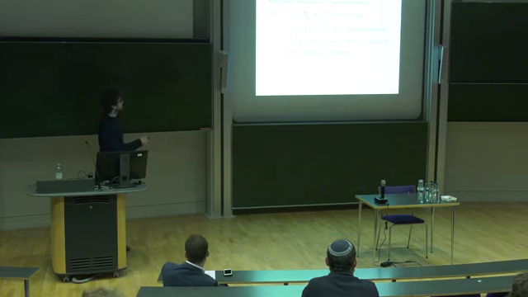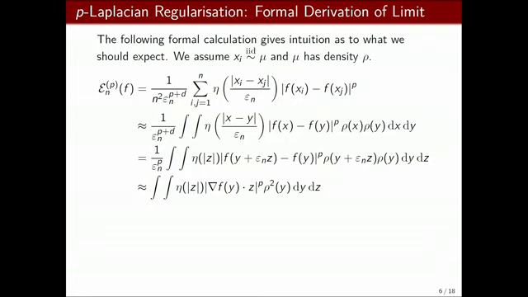So one expects that this difference divided by epsilon is going to be the derivative in the direction z. If we also assume that rho has some continuity, then rho of y plus epsilon z should be approximately equal to rho of y.